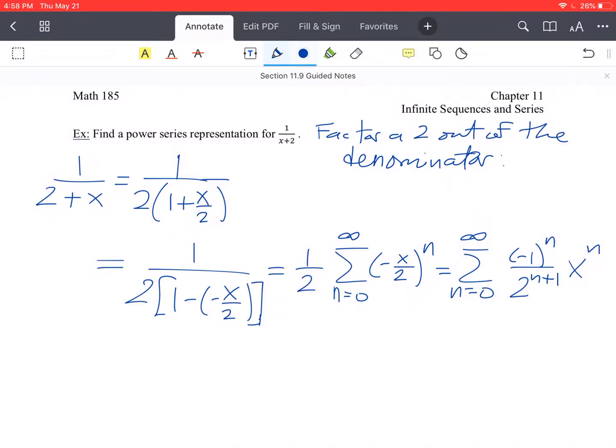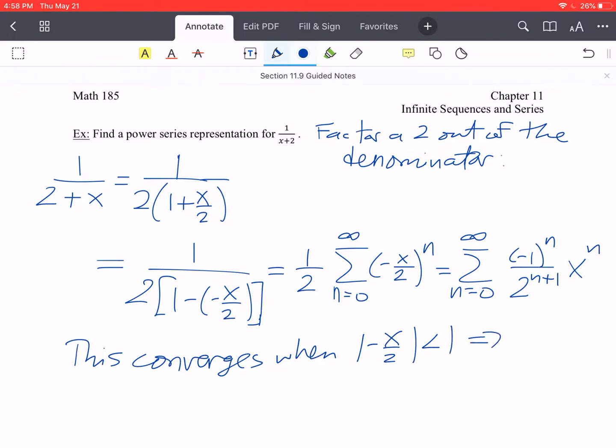over x plus 2. If we were wondering about convergence, so this converges when absolute value of negative x over 2 is less than 1. So when absolute value of x is less than 2.